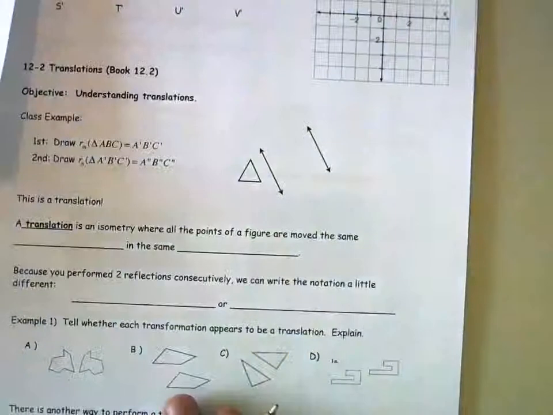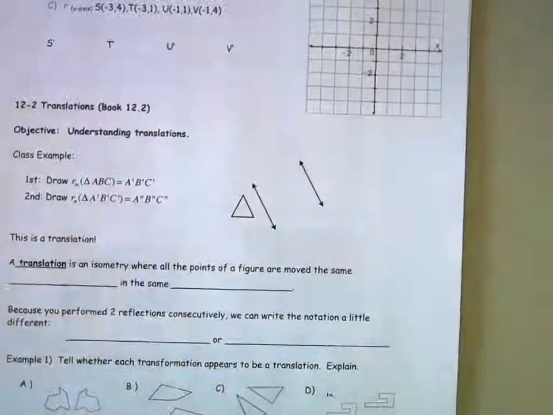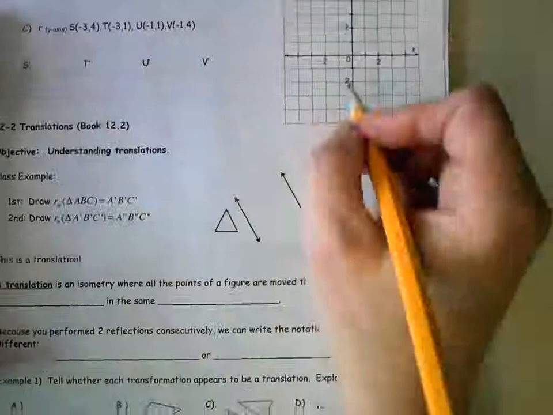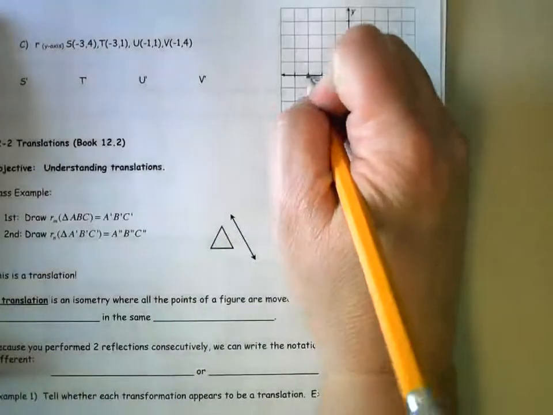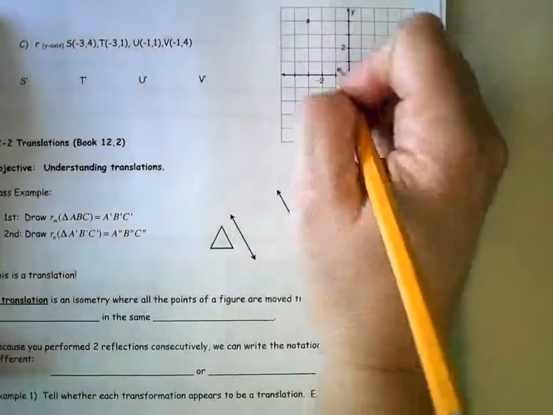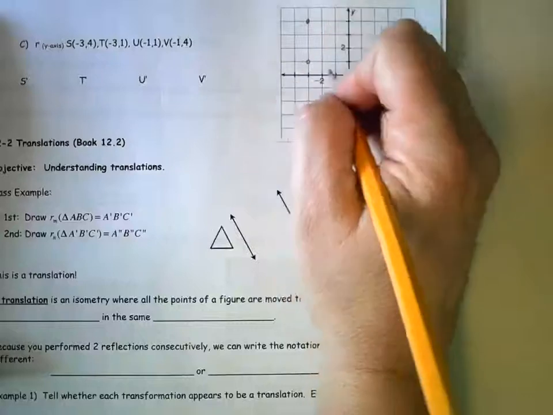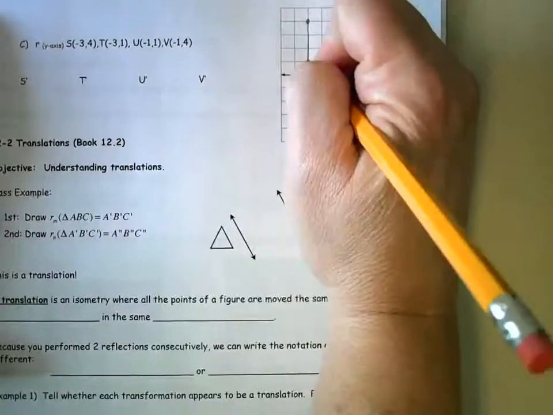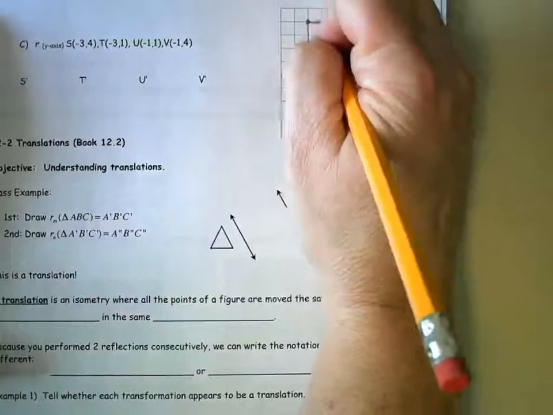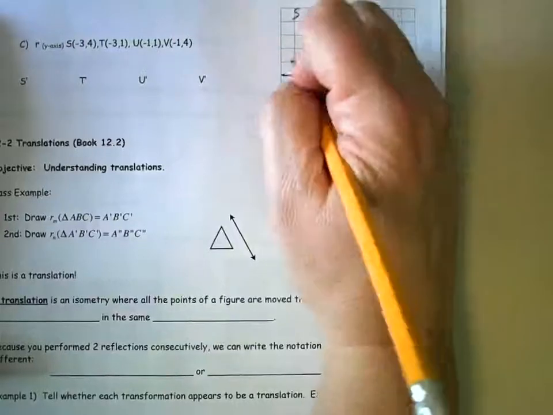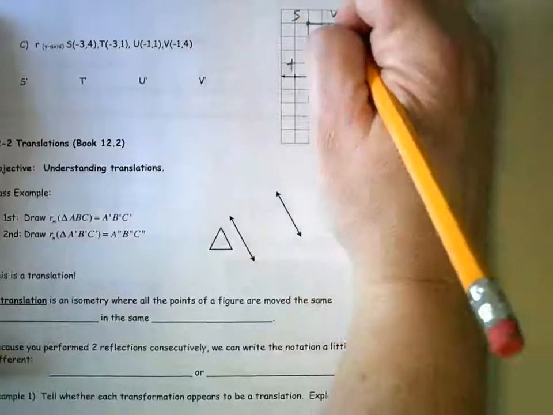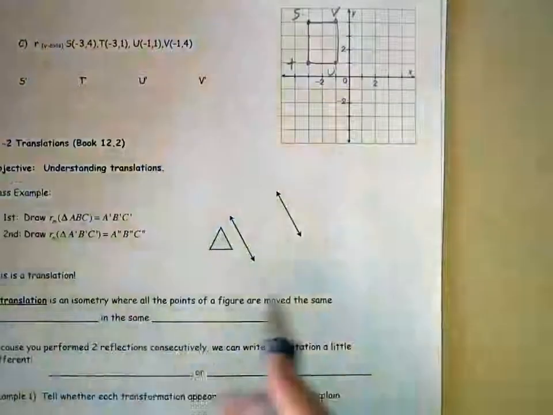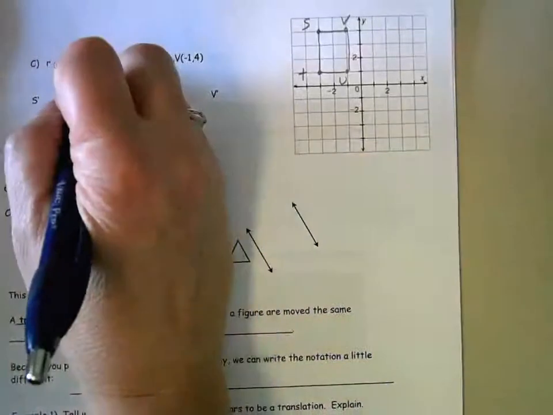And now we get to reflecting over the y-axis. I'm going to draw my triangle in here first. Negative 3, 4, negative 3, 1, negative 1, 1, and negative 1, 4. I guess that's not a triangle, it's a rectangle. When you reflect over the y-axis, you change your x.